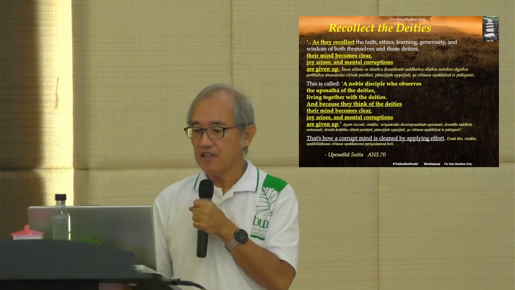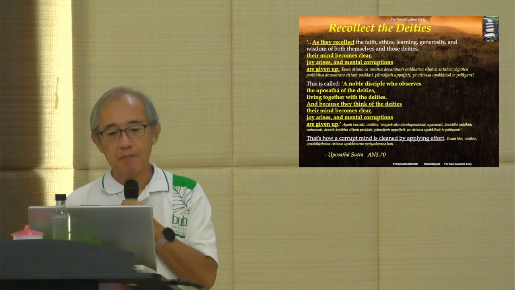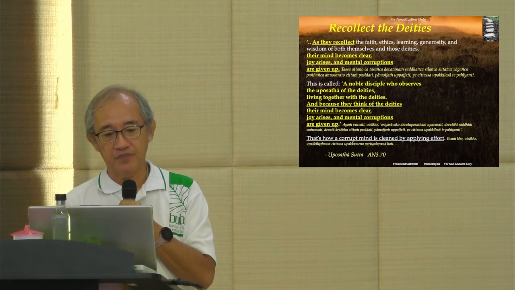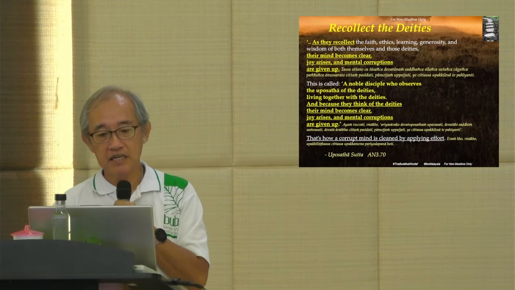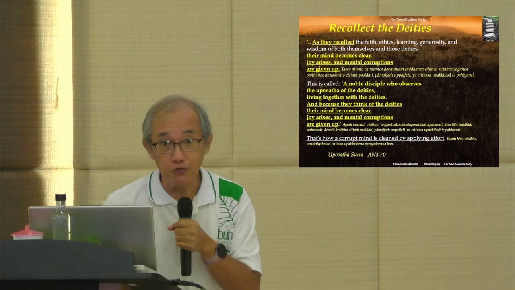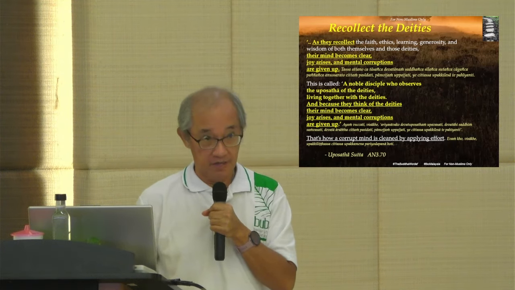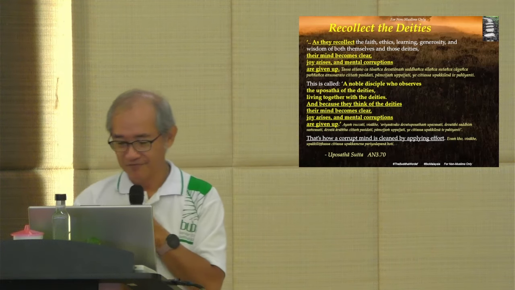Because they think of the deities, their mind becomes clear, joy arises, mental corruptions are given up. And that's how a corrupt mind is cleaned by applying effort. And this is what you need to do during Uposatha. Not just wear white and sit in one corner, okay? A lot of things to do. Got homework.